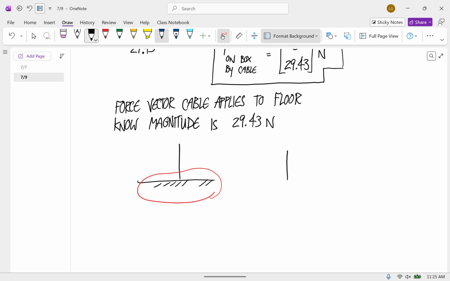And so this force is going to be up. So this is parallel to the cable. Away from the chosen body.